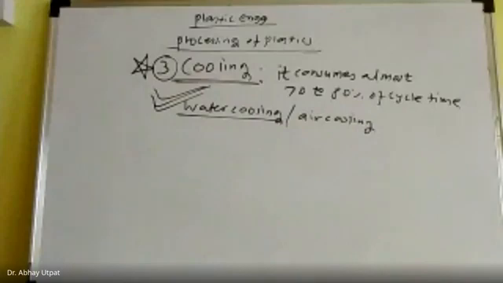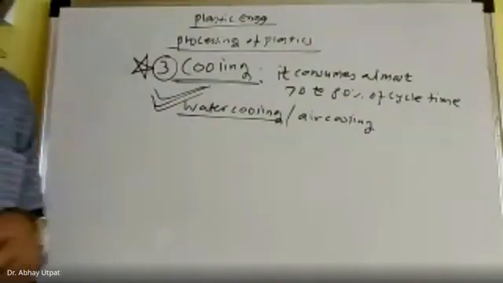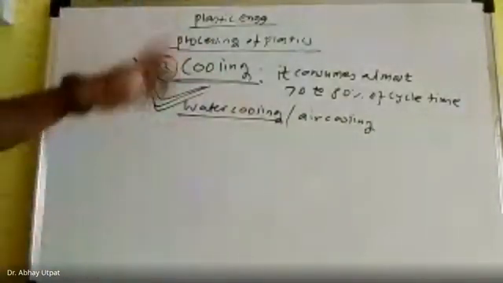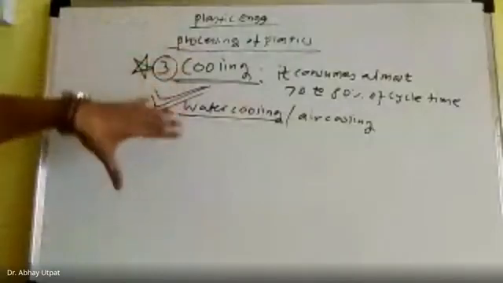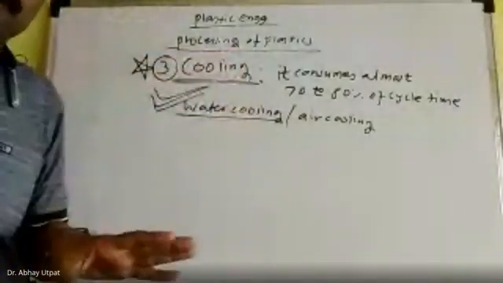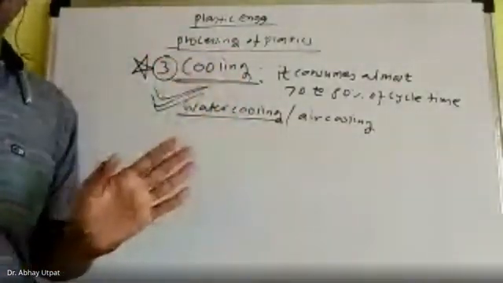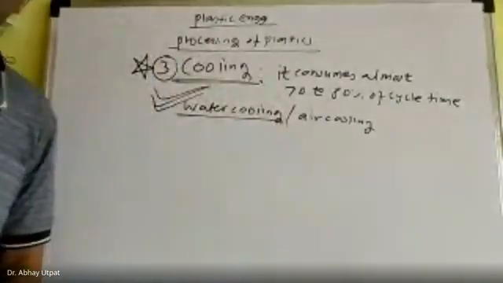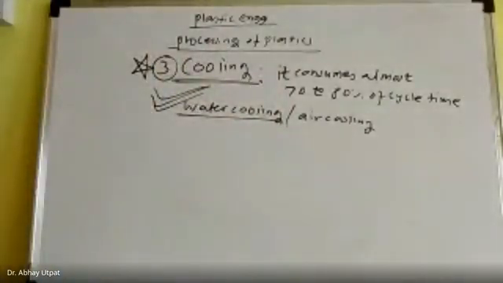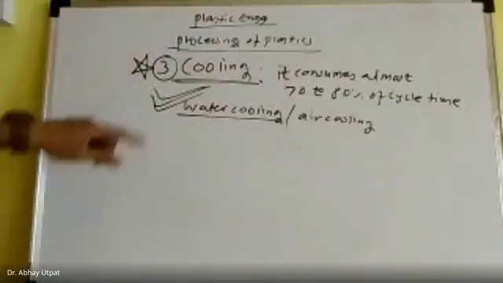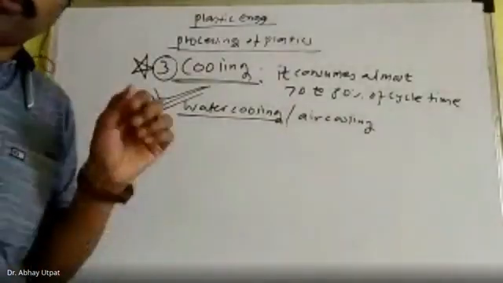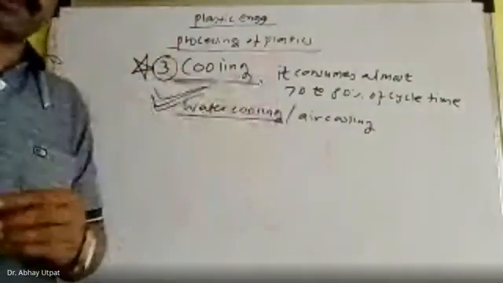So unit number 7, cooling of injection molds, we are going to solve some numericals on it. There, the cooling channels, how they are provided for proper cooling, will be studied in unit number 7. For the time being, remember, cooling is carried out by circulating the water through the mold.